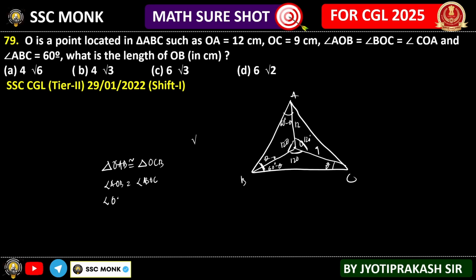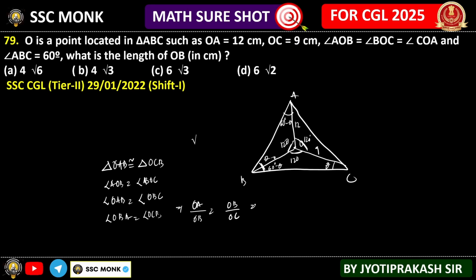Then angle OAB is equal to angle OBC. Angle OBA is equal to angle OCB. Yes or no? Yes. That means I can write OA by OB is equal to OB by OC.